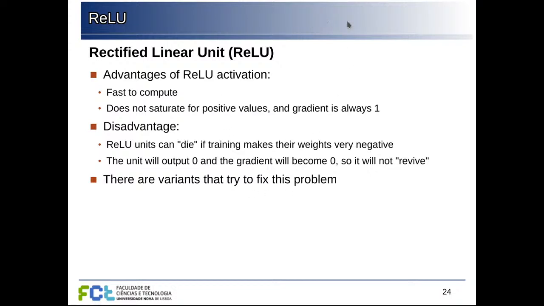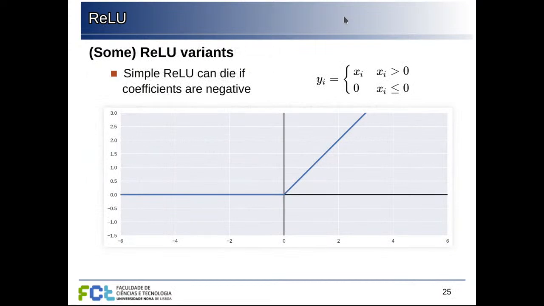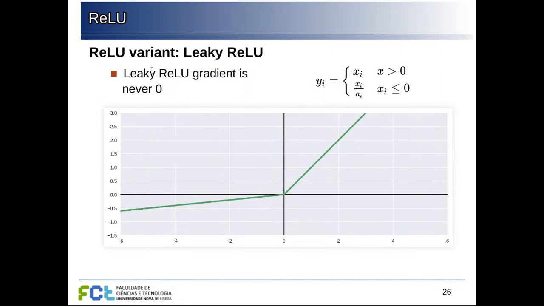But there are variants to try to fix this problem, and the advantages of using rectified linear units greatly compensate these slight problems. So some variants to avoid this problem of rectified linear units dying when the output is always in this region is, for example, a leaky rectified linear unit.